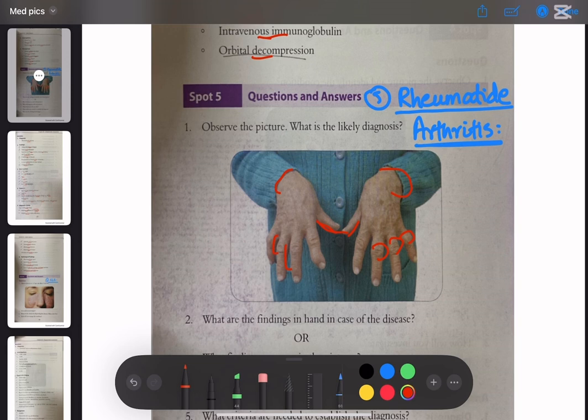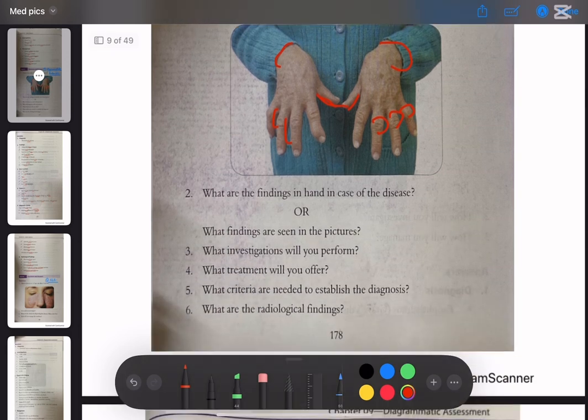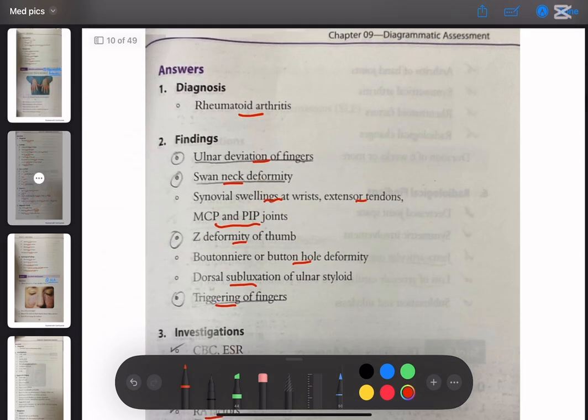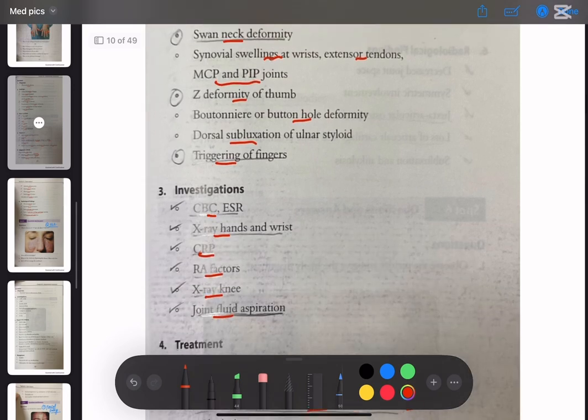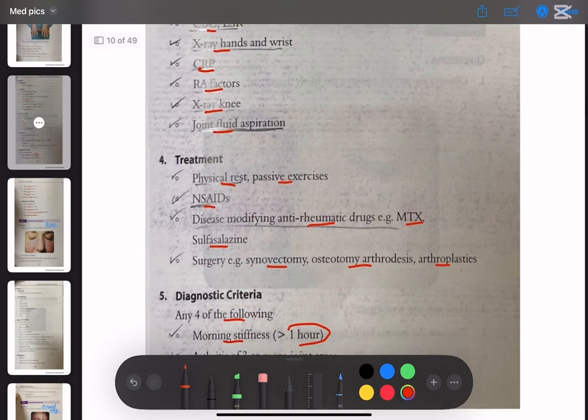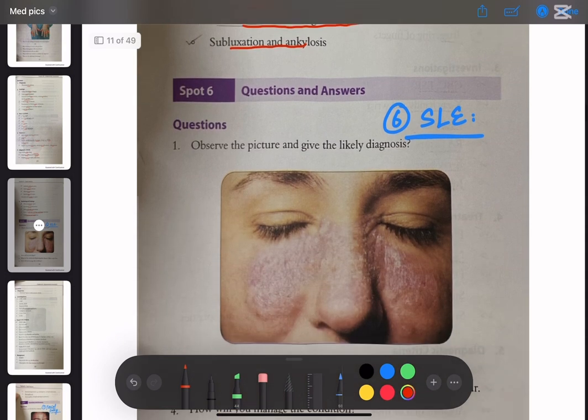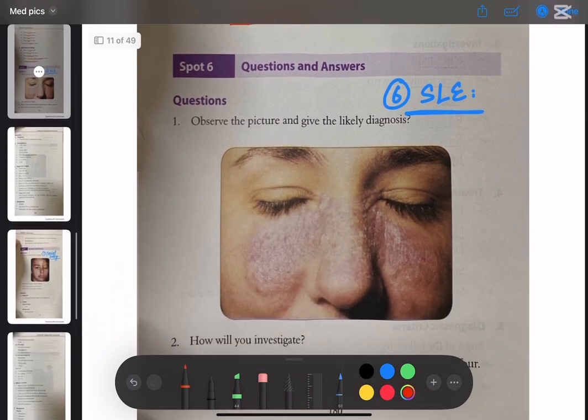This is rheumatoid arthritis. What are the findings in hand and what findings are in the picture? Rheumatoid arthritis, these are the findings, these are the investigations, these are the treatments, and these are the diagnostic criteria, radiological findings. Okay, this is our sixth case of this PDF, which is SLE.